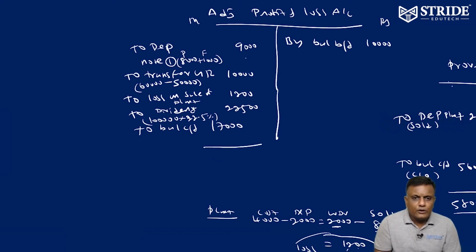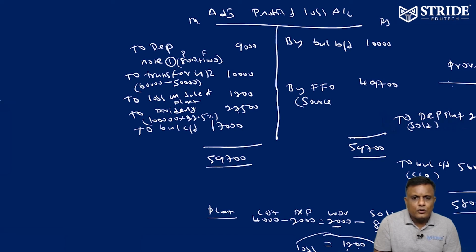Total: 9,000 depreciation, 10,000 transferred to general reserve, loss on sale of plant 1,200, dividend 1 lakh into 22.5 percent on equity capital 22,500, 70,000 closing, so total 59,700. In the adjusted P&L, the debit side will always be higher. Therefore, the missing figure, fund from operations, is equivalent to 49,700. This is always a source.